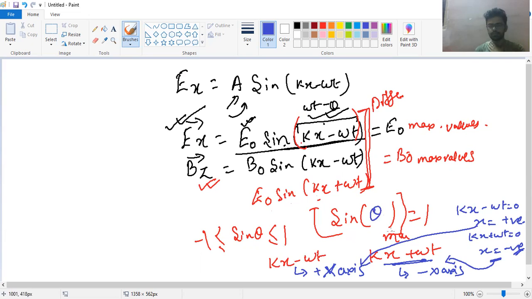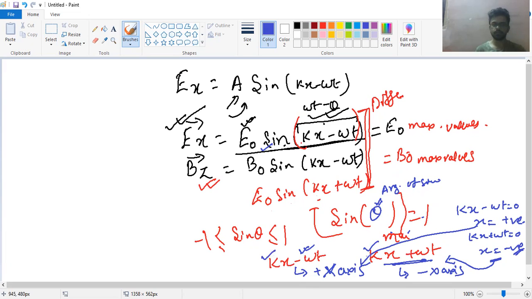The sine of theta should be maximum at 1. The maximum value will be 1, and this thing inside, this theta, is called the argument of sine, the angle of sine, right? So if one argument is kx minus omega t, and one argument is kx plus omega t, you should be able to differentiate the difference between these two waves.